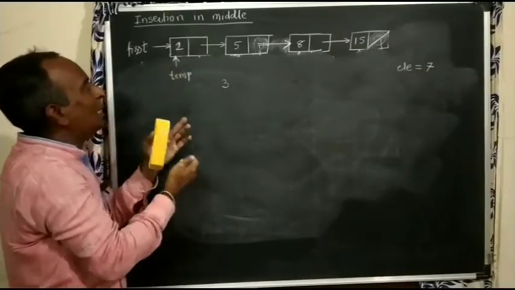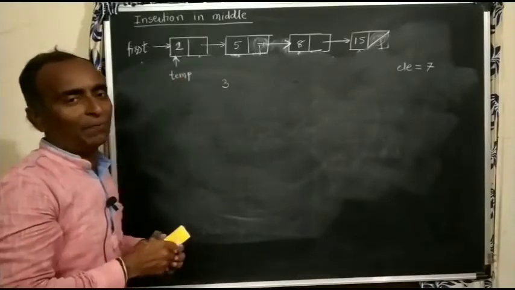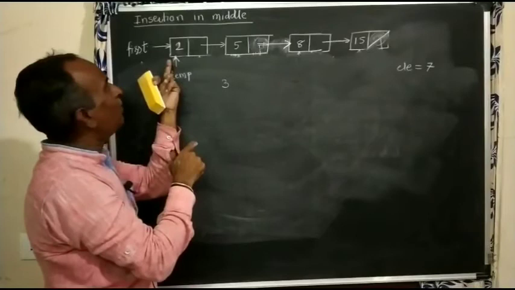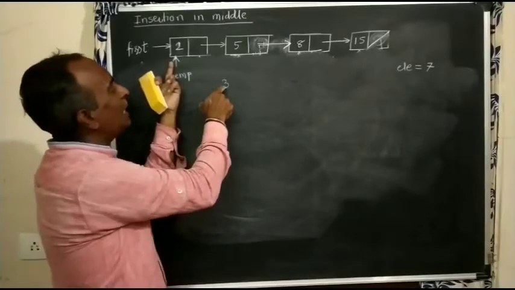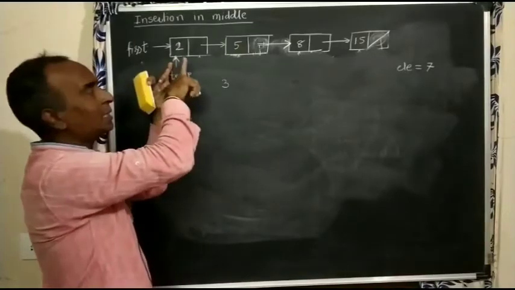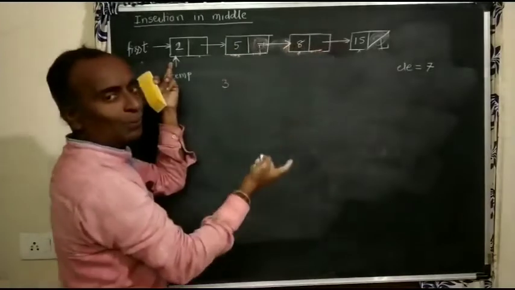Now how to check when to stop this temp? See, keep temp here and check this and this element, the second element. Keeping temp at the predecessor, check the information field of the next node.